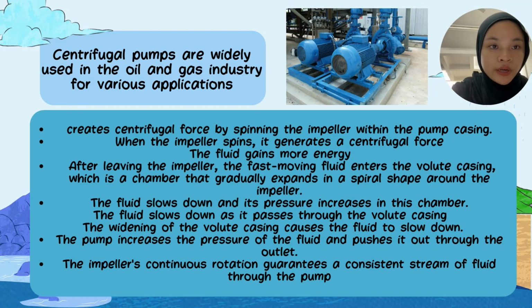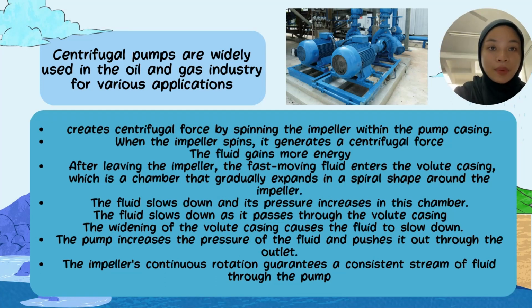So as for the working principle of the chosen pump, the pump that we chose is the centrifugal pump. Centrifugal pumps are widely used in the oil and gas industry for various applications such as cooling systems, process equipment, and also steam generation. So the working principle of centrifugal pumps involves the conversion of mechanical energy into kinetic energy and then into potential energy within the water.